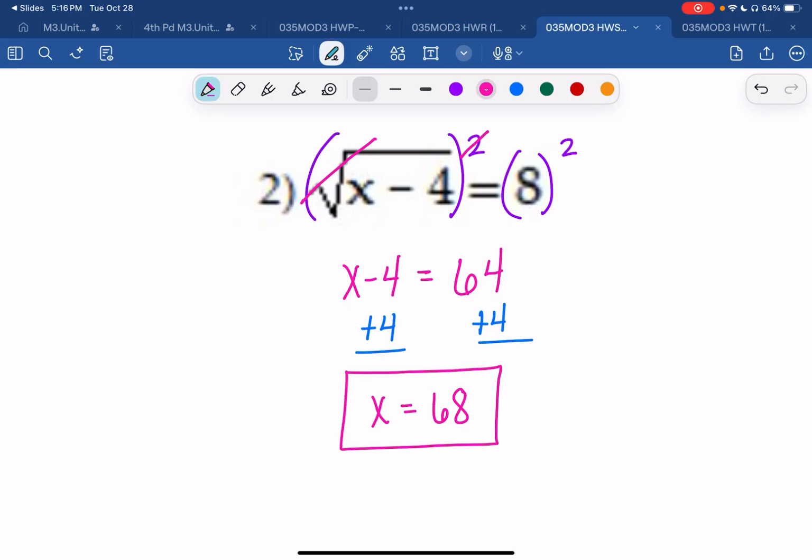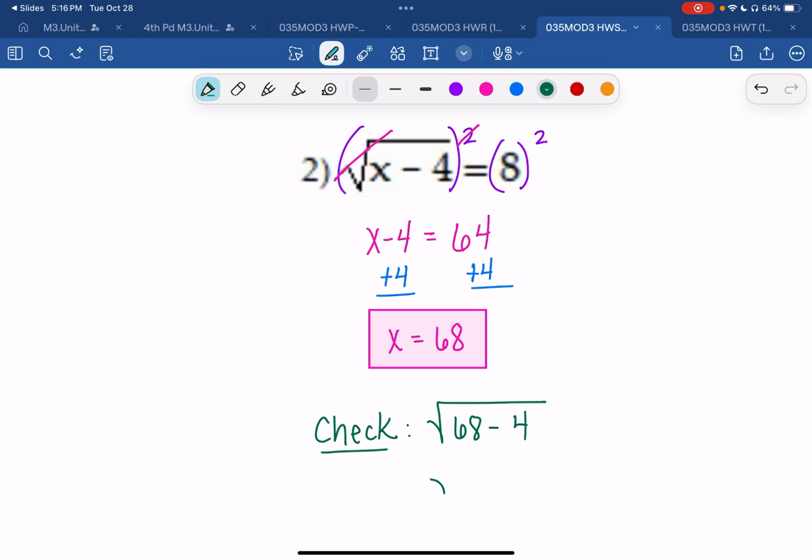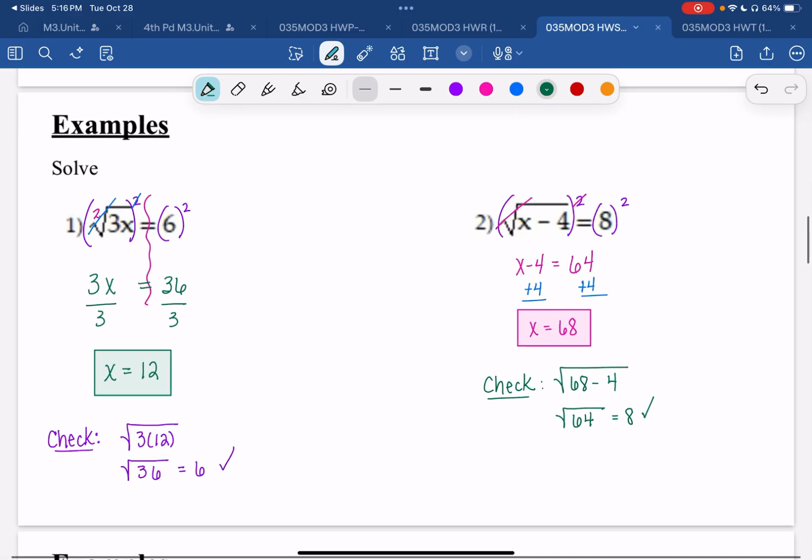And again, we want to make sure we check it. We're going to check it by just plugging it back in. So the square root of 68 minus 4 gives me the square root of 64, which is 8. Okay, all right, let's get a couple more.